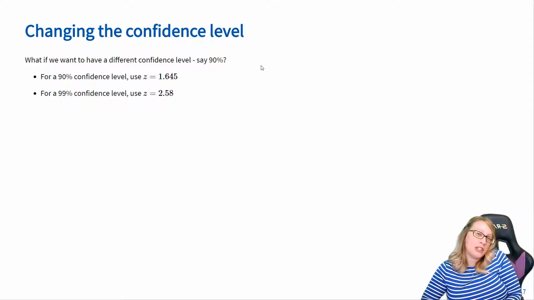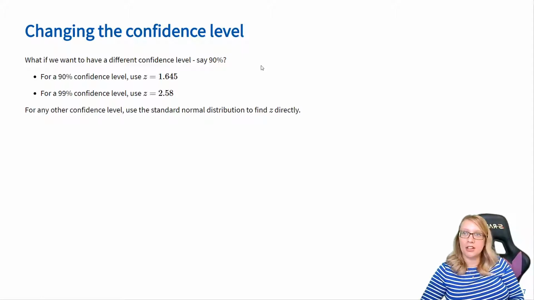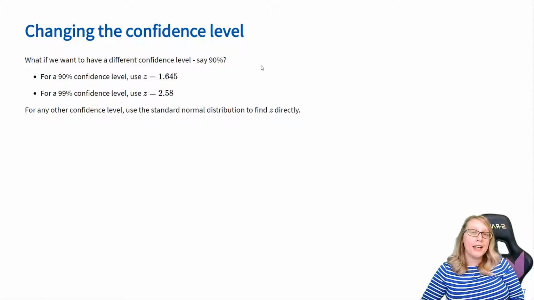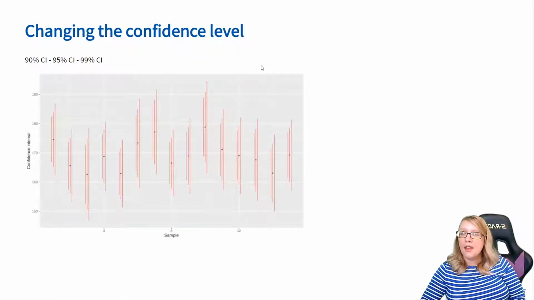So we're just changing the number of standard errors that we use in our margin of error calculation. For any other confidence level, we can use the standard normal distribution to find Z directly, like we did on the previous slide. Now, what happens as we change the confidence level?